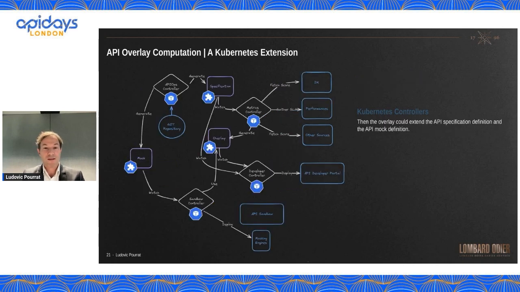So if we put that all in the picture, once we got that overlay, we push it back to the portal so we can have a way to oversee the metrics that have been computed. And because we are capable of fetching the latency time for our API operation, we can enrich our mock definition with Microcks to get, I would say, accurate mocks that behave exactly the same as in dev, test, and prod.